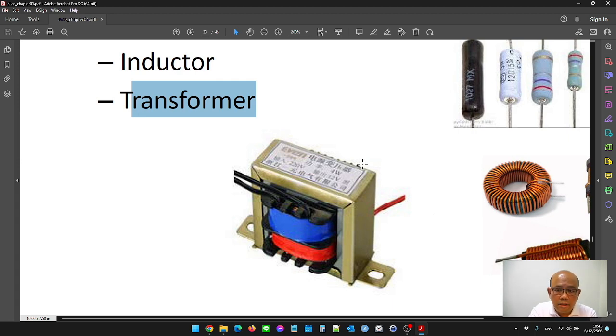This is used in the switching circuit to convert high voltage to low voltage, or low voltage to high voltage.